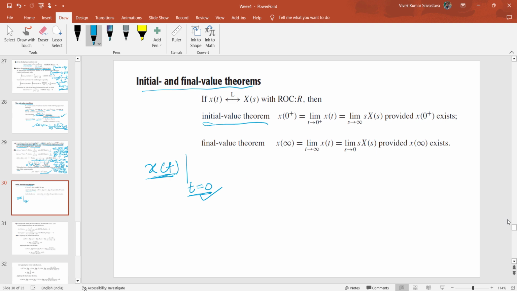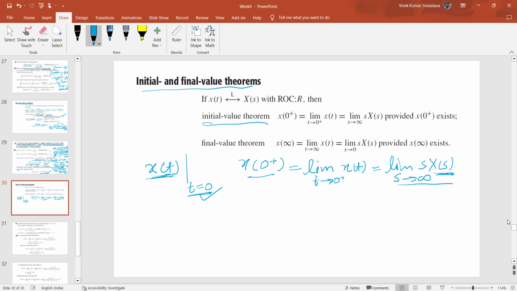The initial value theorem states that x(0+) is equal to limit t tends to 0+ of x(t), which is equal to limit s tends to infinity of s into X(s). So you just multiply this X(s) by s, and then take the limit s tends to infinity.